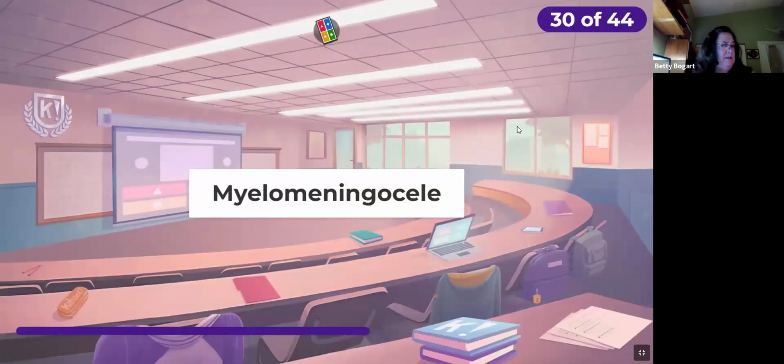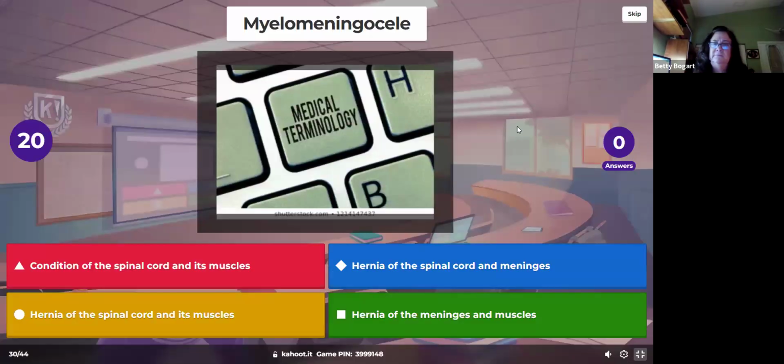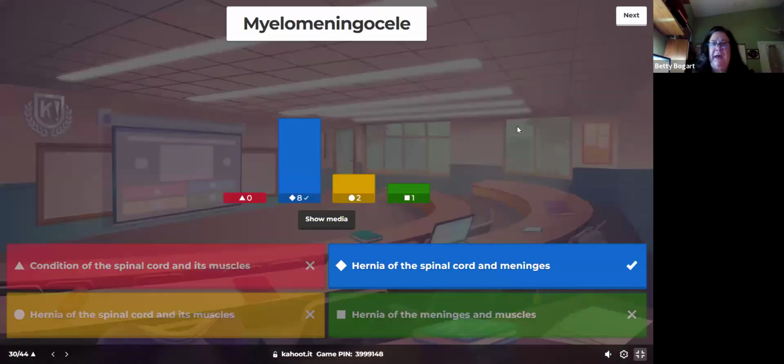A myelomeningocele, that's that folic acid thing. Neural tube deficit. So your meninges and your spinal cord are pulled from the bottom, rips the nerves, and it comes out of the lower back.